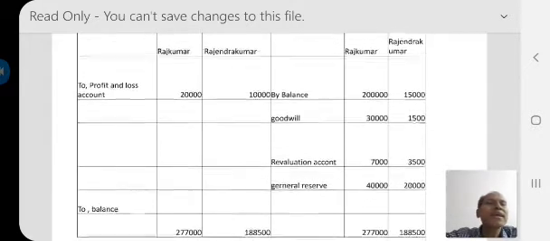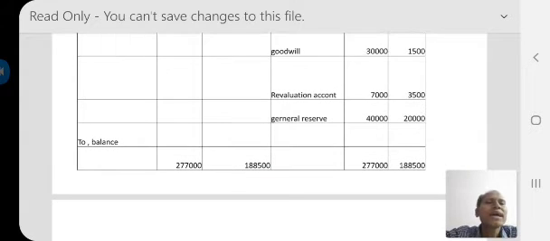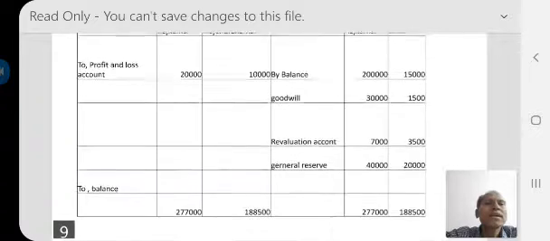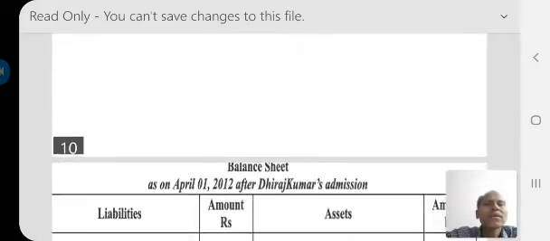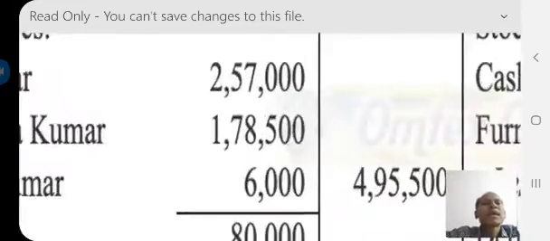We simply calculate. This is 1 lakh 2 lakh 77,000. Here also 2 lakh 77,000. If we deduct the 20,000, the difference is 2 lakh 57,000. So like that 2 lakh 57,000 is arrived.